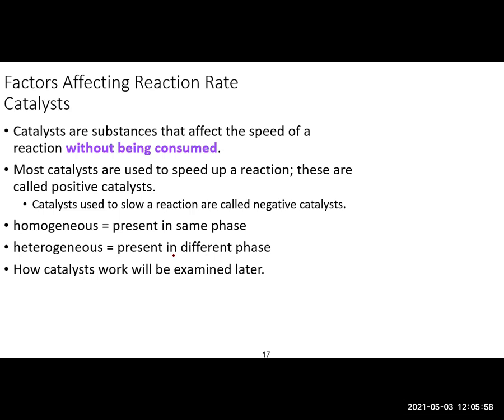Another important aspect of increasing reaction rates, or even decreasing in some cases, is the use of a catalyst. And a catalyst, again, a reminder, is not a reactant, it's not a product, and it does not get used up in the reaction.